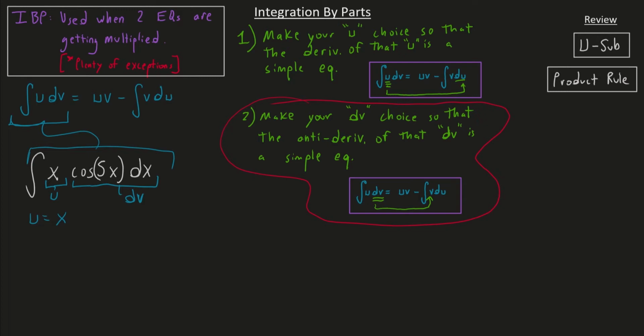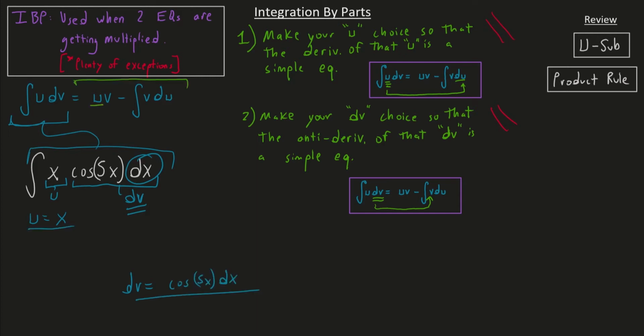You can't tell which u choice to make from step 1, which means you need to let step 2 decide. You'll make your dv choice, and then the other equation will be the u. And just know that your dv choice has to include that dx. So here, the u choice is easy, so we don't really have to think about which dv to choose.